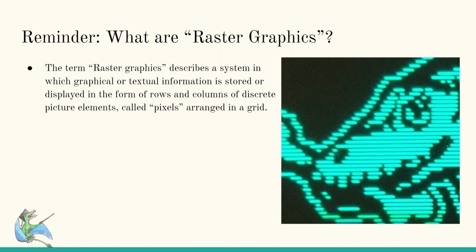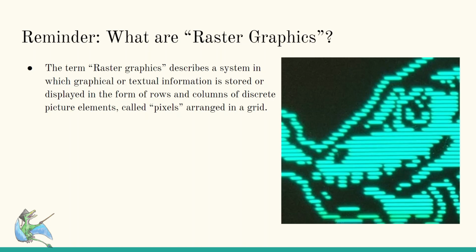Raster graphics describes the video hardware that we have used pretty much since like the 1970s as the primary form of computer displays. And what raster graphics refers to is graphics which are formed from pixels, which are arranged in some kind of grid and scanned onto the display according to some algorithm.